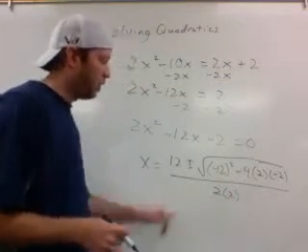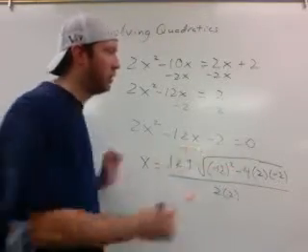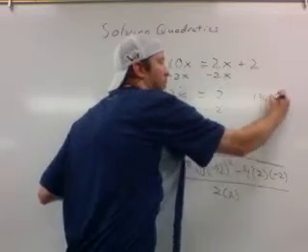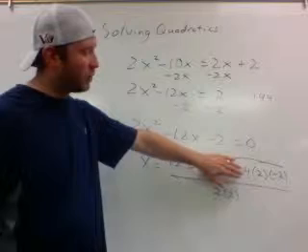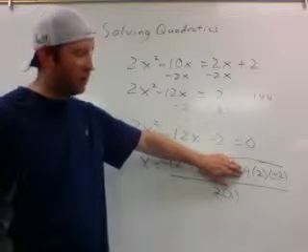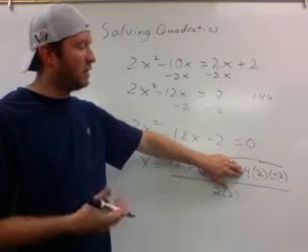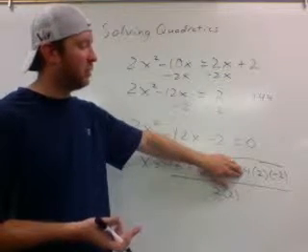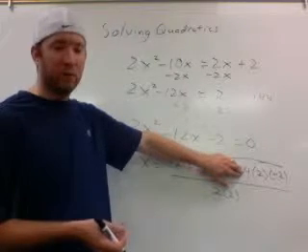All right, so got to do some simplifying in here. Negative 12 squared is 144. Just going to do a little side math. Now again, remember we got a couple of options. We can ignore this minus and use it in a minute. 4 times 2 is 8. 8 times negative 2 is negative 16.